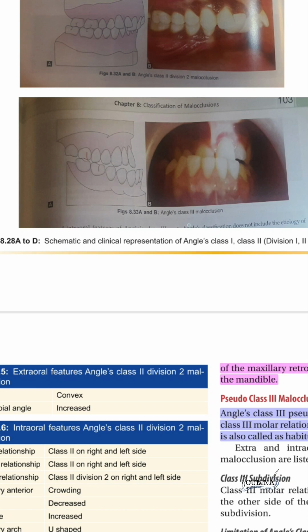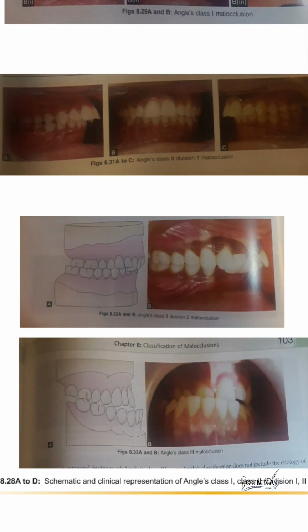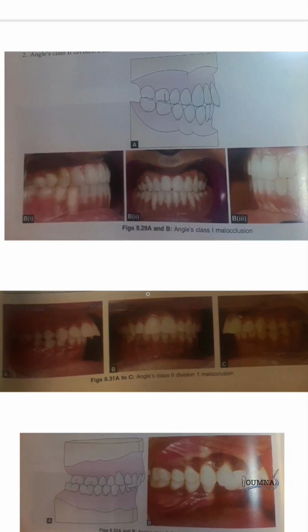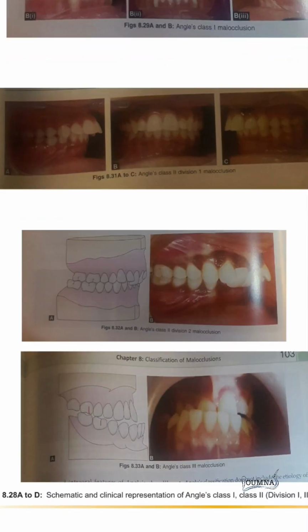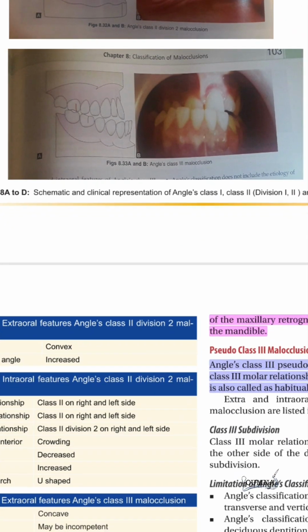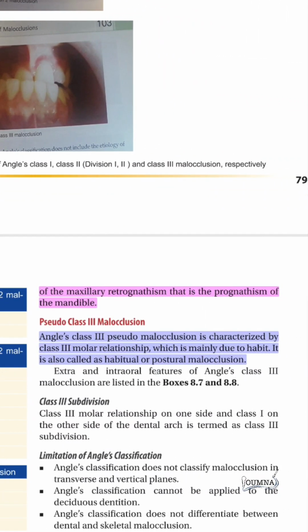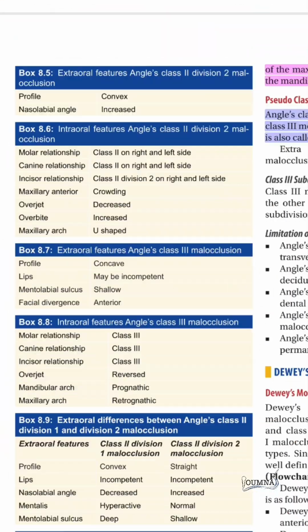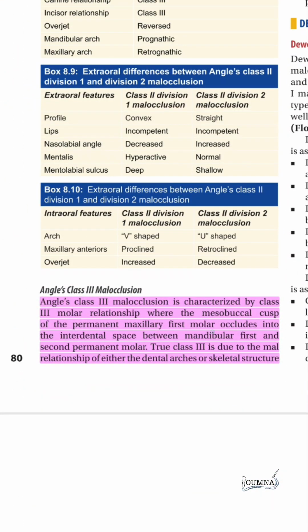The third malocclusion is when there is a protrusion of the mandible, which means that now we have a mesial relationship.